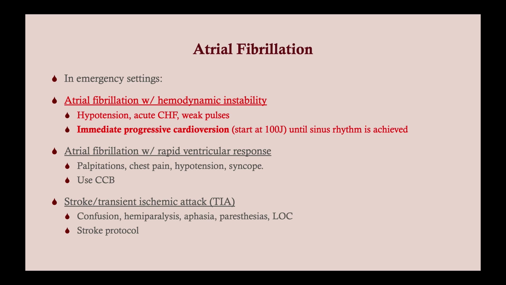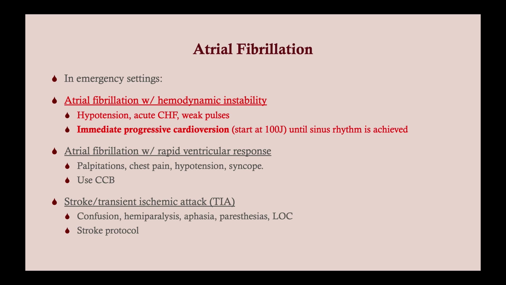Now, is there a risk of stroke after this? There absolutely is. If they've got that thrombus and you've cardioverted them, and now they're in a normal sinus rhythm, they've got a serious risk of throwing a clot. But obviously, when you've got hemodynamic instability, you need to address that first.